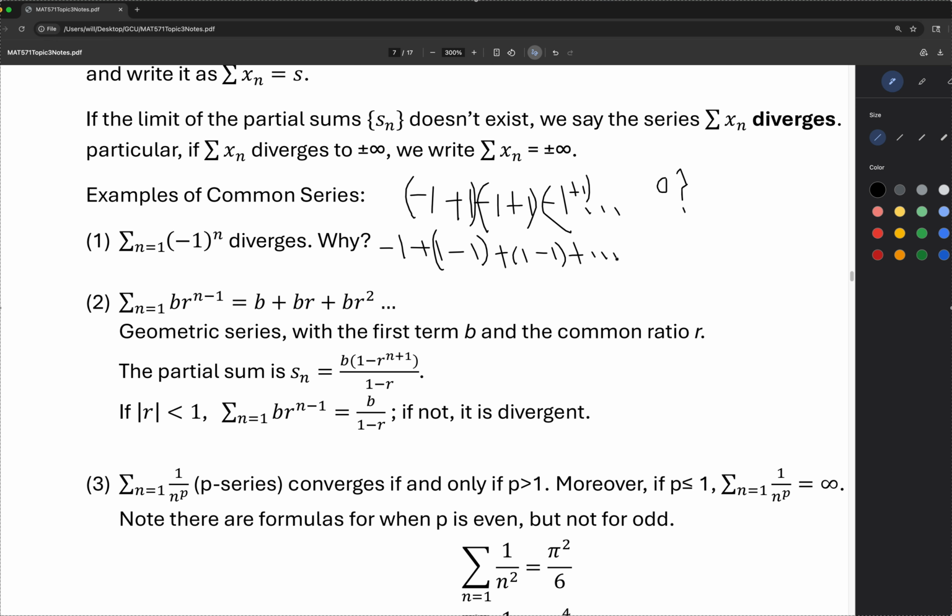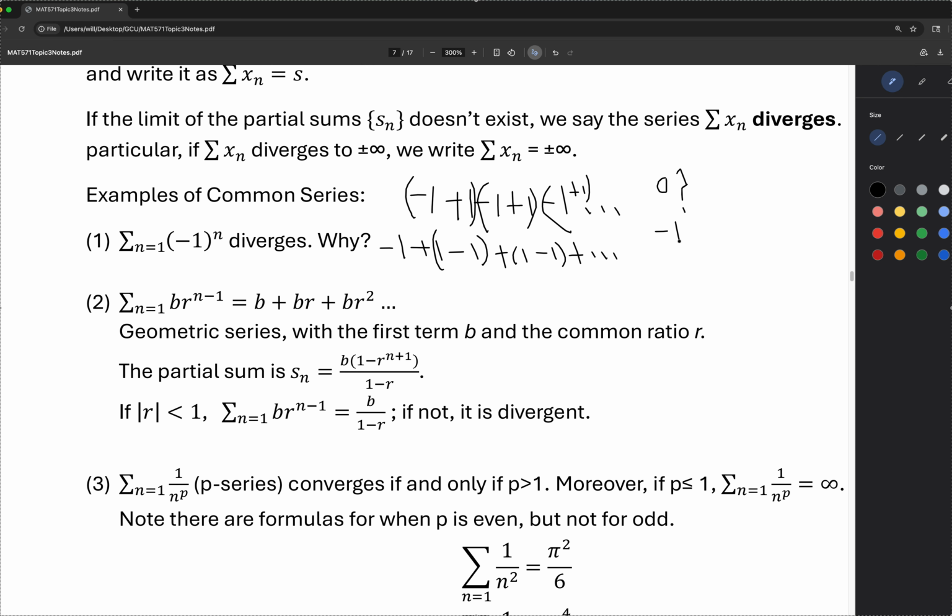But there is something unusual: I left this -1 at the very front, untouched. So in that case, we're going to have this -1. You may want to say, wait, a limit. When we say limit, there's only one limit, it cannot be 2. So indeed, the answer is that such a series is divergent.